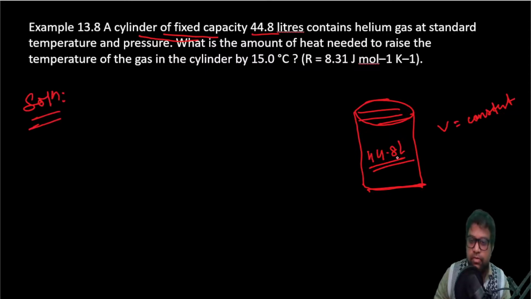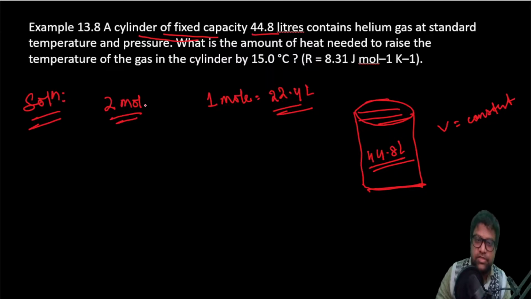So 44.8 liter means it's 2 moles, right? 1 mole, you know, is 22.4 liter. So here 44.8 means it's 2 mole. Number of mole is 2. Let's say mu we are representing. So in terms of moles, 2 moles helium gas is there inside this container. So now what else is given?